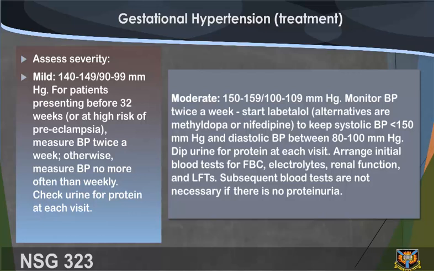Dip urine for protein at each visit. Arrange initial blood test for FBC, electrolytes, renal function, and LFTs. Subsequent blood tests are not necessary if there is no proteinuria.